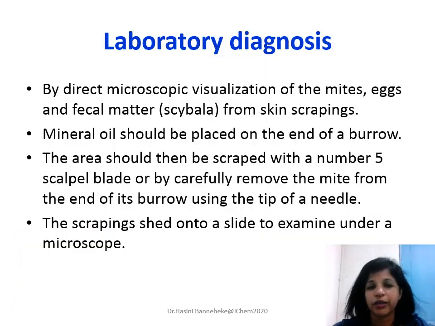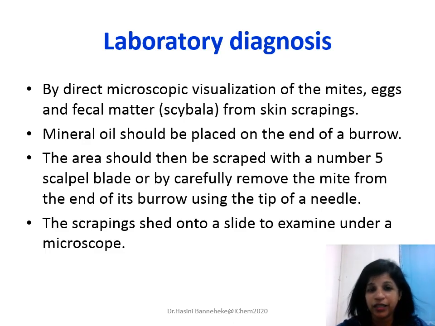So when you look under the microscope, you can see the mite, you can see eggs of scabies, or even fecal matter, because what happens is when they deposit on the skin, they burrow into the skin. They dig a tunnel in the skin, and while they are digging the tunnel, they lay eggs.